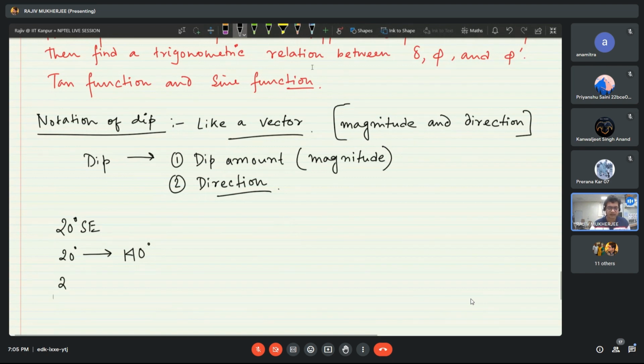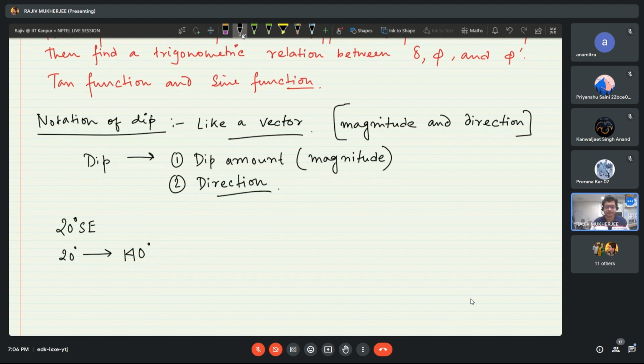So essentially these are the two notations we generally use, not many more, right? So we either mention the quadrant in which the plane is dipping, or just simply mention a direction along which the plane is dipping, right?